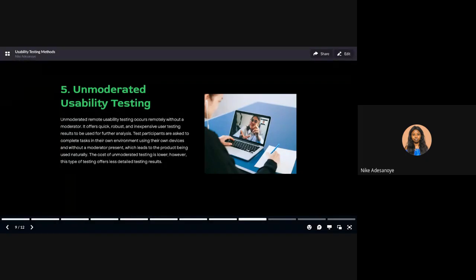You've gone back as the designer to your team, you've done the iteration based on the things users said during the moderated usability testing. And now you want to validate everything you've done.